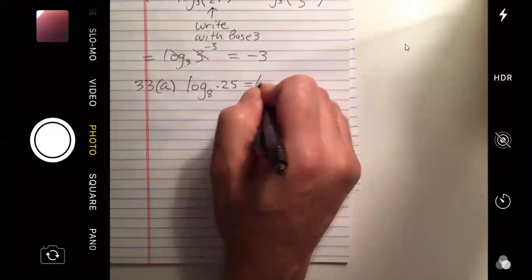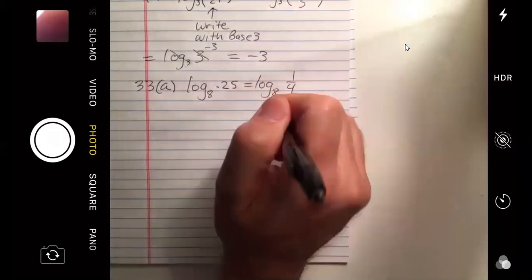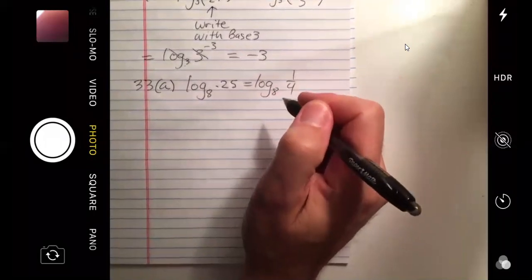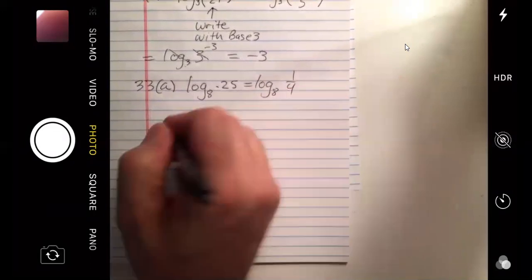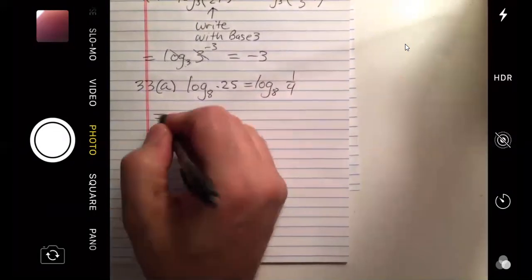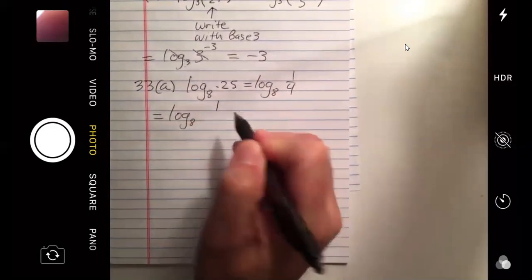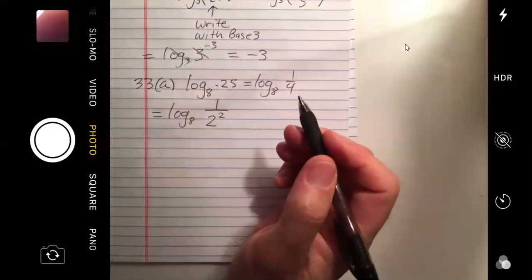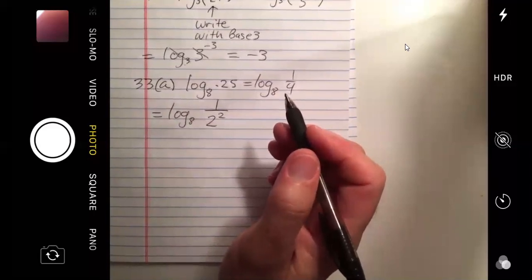For example, this is a log base 8, and 0.25 is a quarter. Hopefully you know that. So then let's see. Sometimes it isn't obvious, but I'll try log base 8. And I know that a quarter is 2 squared. Okay.